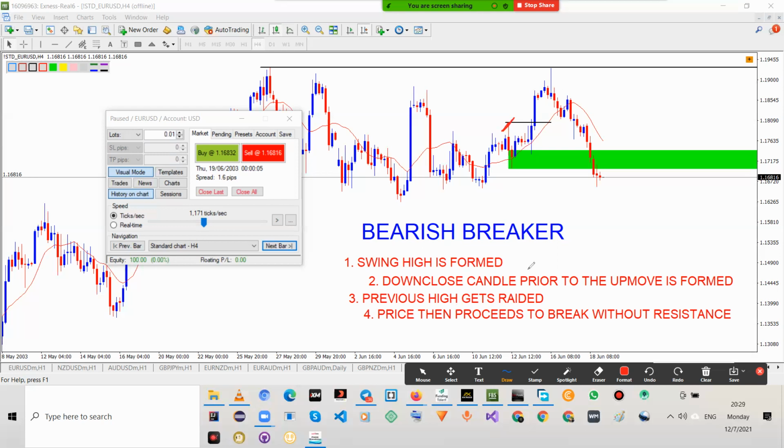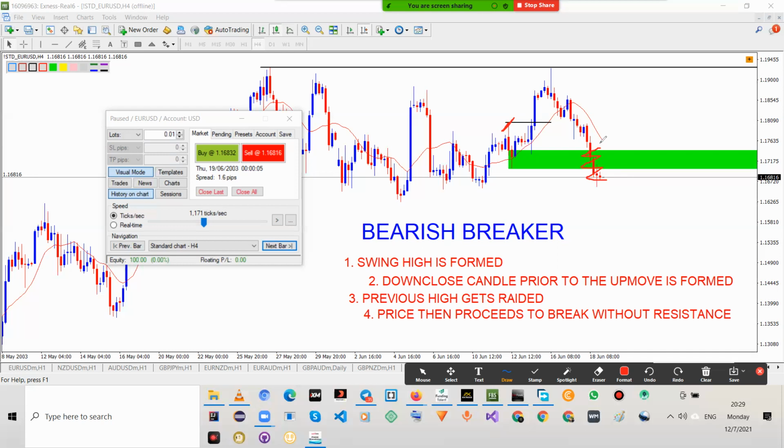Then price proceeds to break through without resistance.